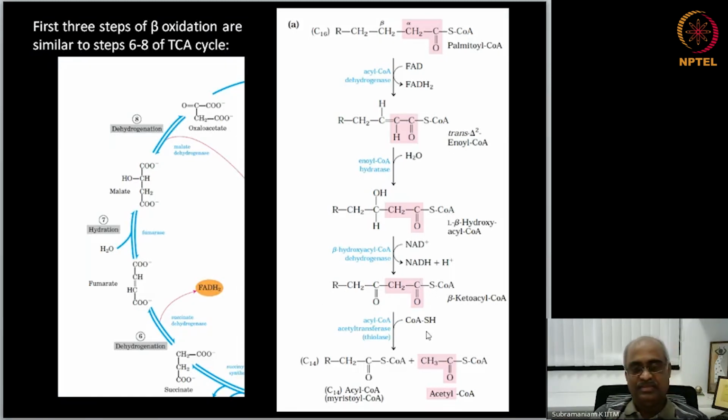So these are the 3 first steps of the beta oxidation. The long chain fatty acids, so these 3 exist in the mitochondrial inner membrane, attached to the inner face of it as a trifunctional protein, TFP.